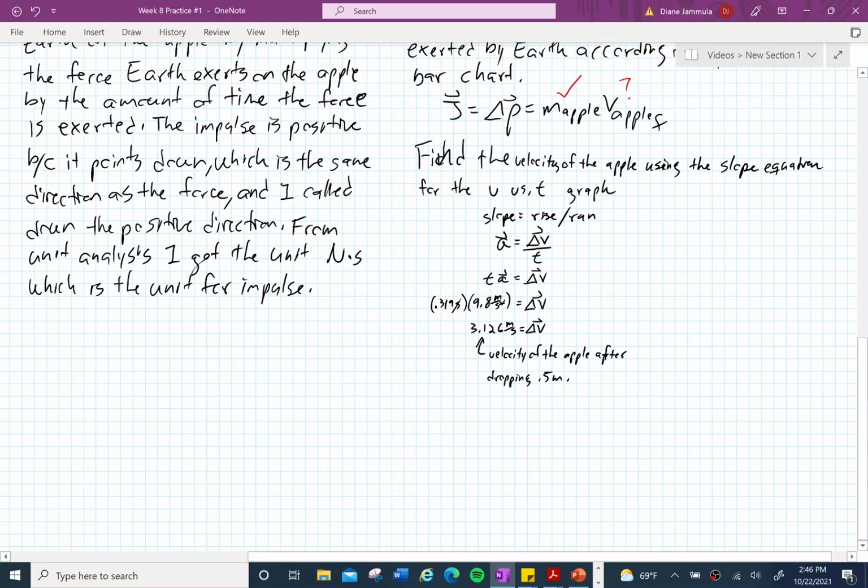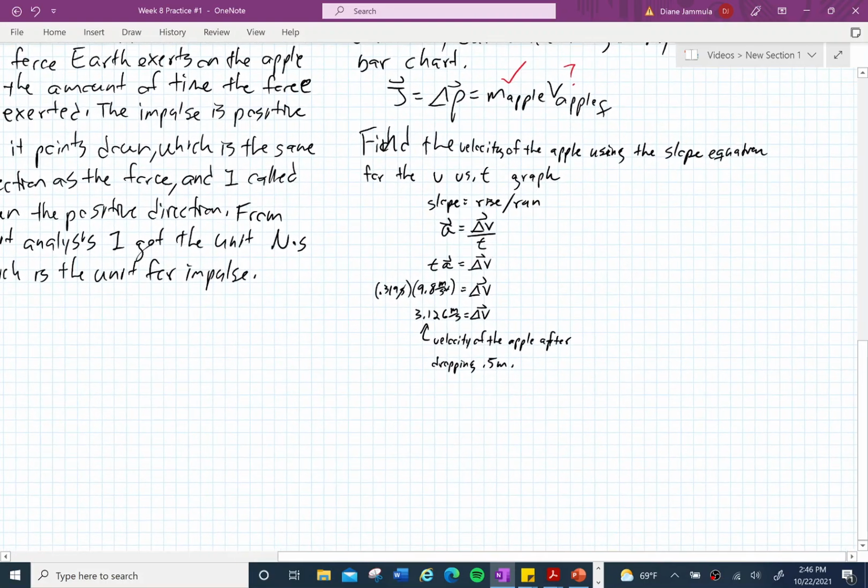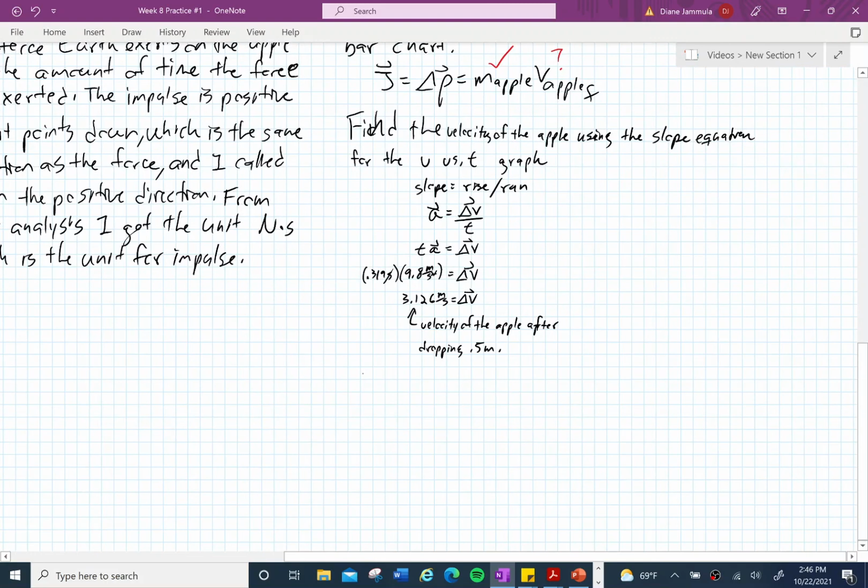Okay. Now, let me plug this into my impulse equation. Now, plug into impulse equation. All right. I said that my impulse equaled the mass of the apple times the velocity of the apple final. Okay.